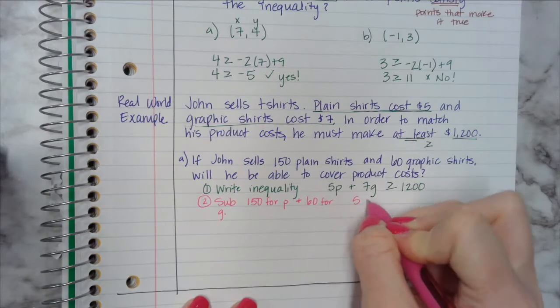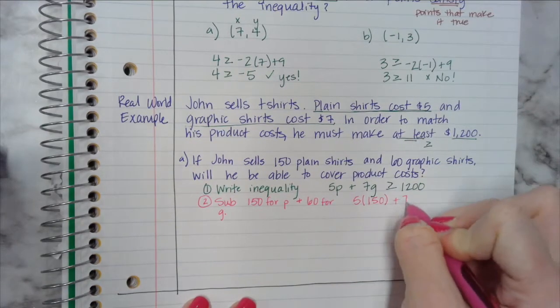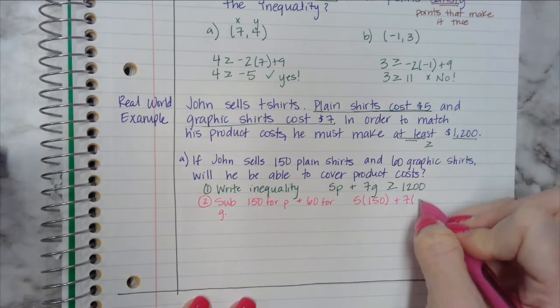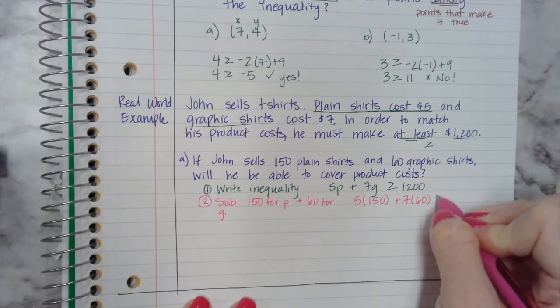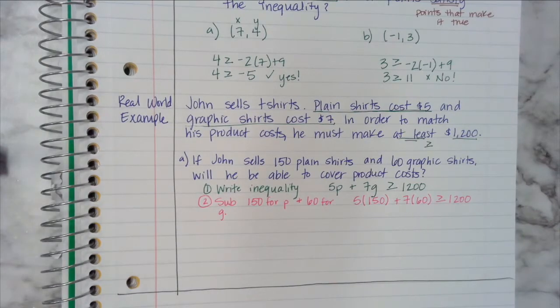So we've got 5 times the number of plain shirts, which is 150, plus 7 times the number of graphic shirts, which is 60, has to be greater than or equal to 1,200 in order for this to cover his product costs.